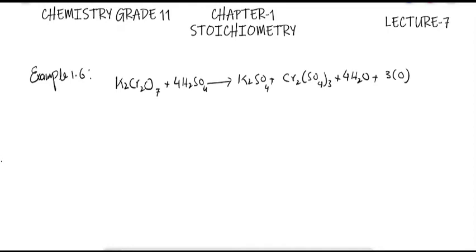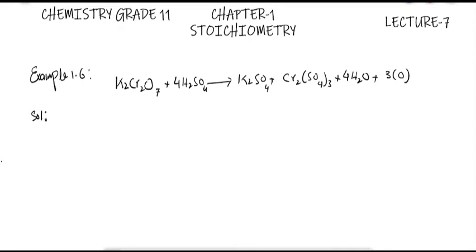So the very first thing in the solution is to find out which one of these two is the limiting reactant. And you already know that we can identify the limiting reactant from the number of moles of the reactants given to us. But we are not given the number of moles, we are given the amount of reactants in grams.